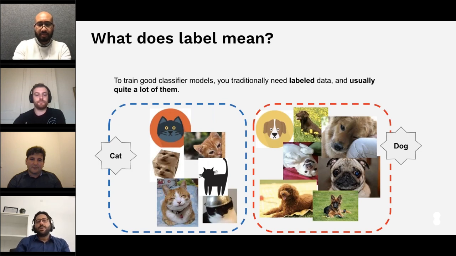To train good classifiers, you traditionally need labeled data, and usually quite a lot of it. For example, you want to train a classifier to discriminate between cat and dog pictures. You provide a lot of cat pictures, you provide a lot of dog pictures, and you say which one is a cat and which one is a dog. That would be your labeled data.